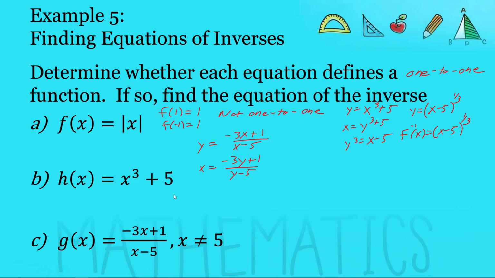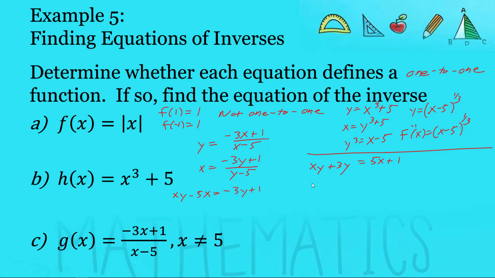That will give me xy minus 5x is equal to negative 3y plus 1. So now I want to get all my y terms on one side and all my x terms on the other side. If I do, I will have xy plus 3y, adding 3y to both sides, and that will be equal to 5x plus 1.